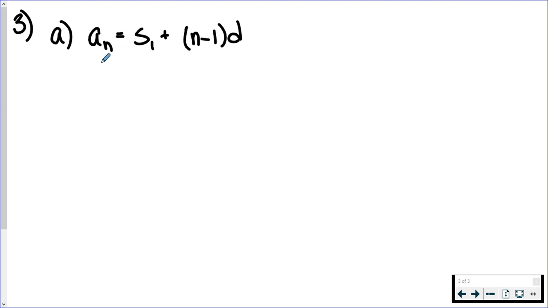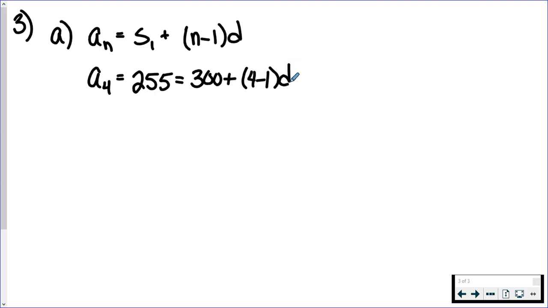We know that the time on level 4, so we know that a sub 4 is equal to 255, which is equal to 300 plus (4 minus 1) times D.